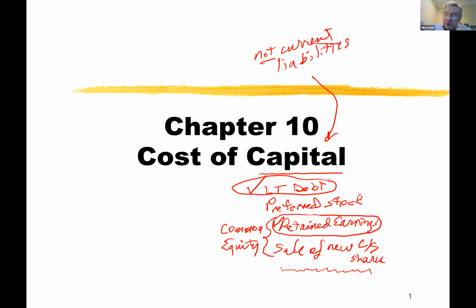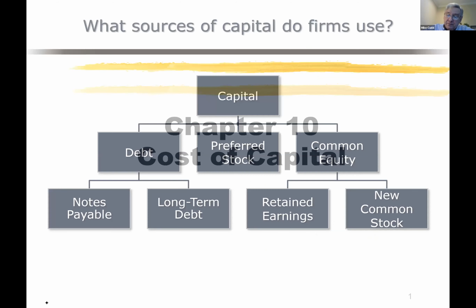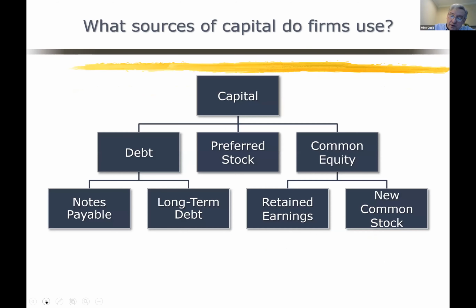So although in theory there are 4 sources of capital, most companies only use 2 of these. Now, so retained earnings and long-term debt are the 2 primary sources that most companies use.